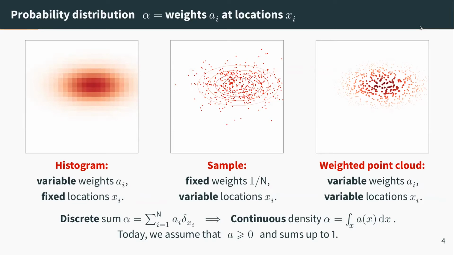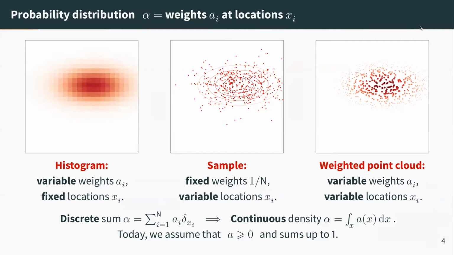Finally, maybe instead of fixing the locations or fixing the weights, you can work with probability distributions where both parameters are free. And essentially, you recover a weighted point cloud, either in dimension 2, 3, or more. A weighted point cloud is just encoded as a collection of variable weights a_i at variable locations x_i.